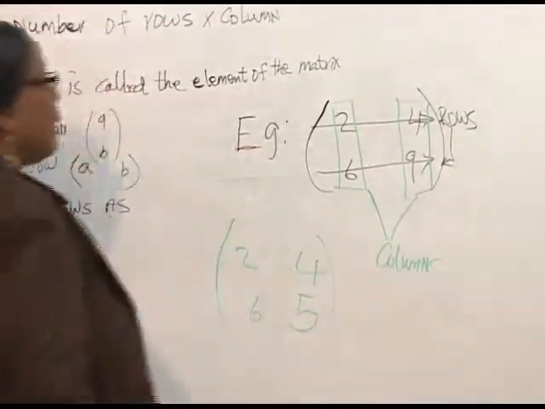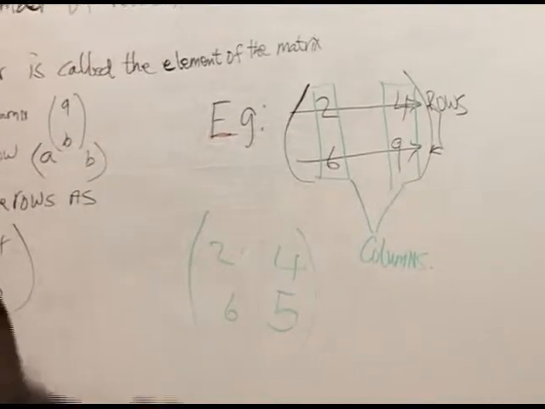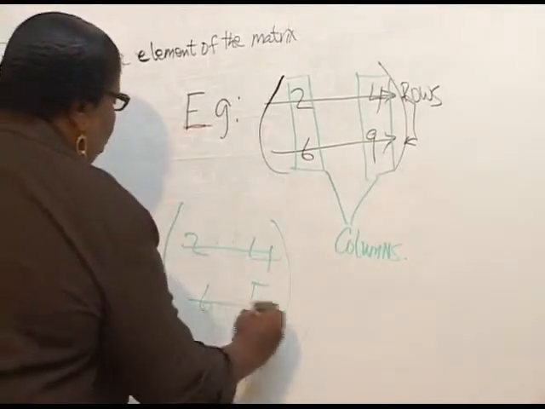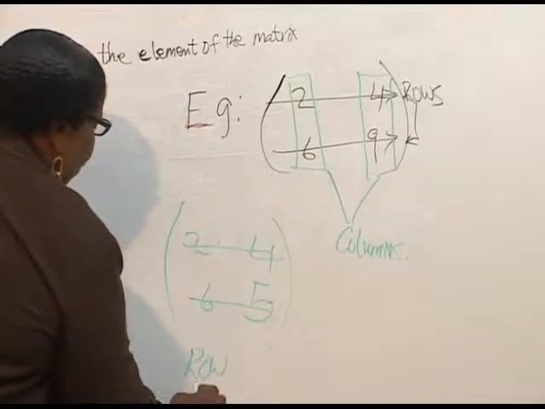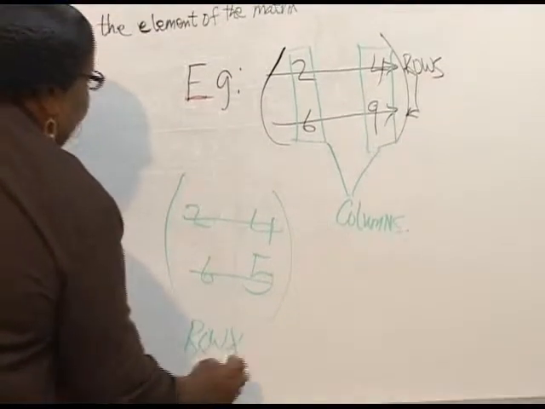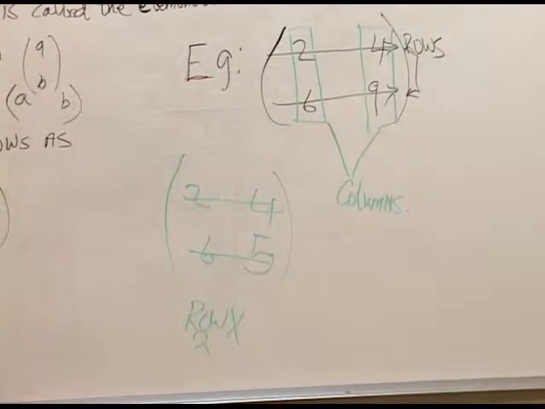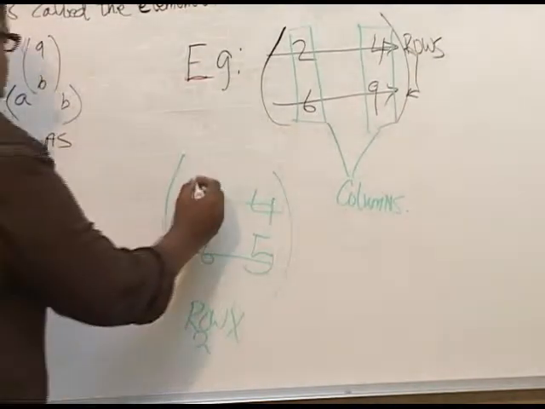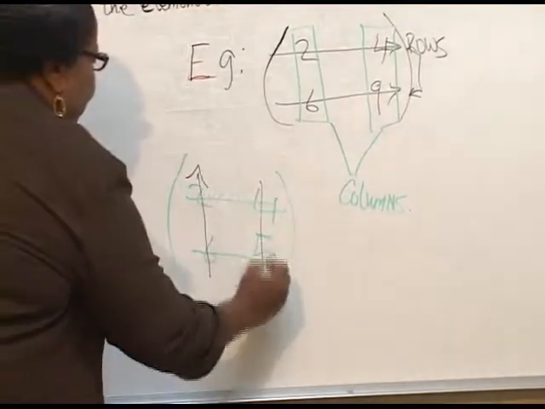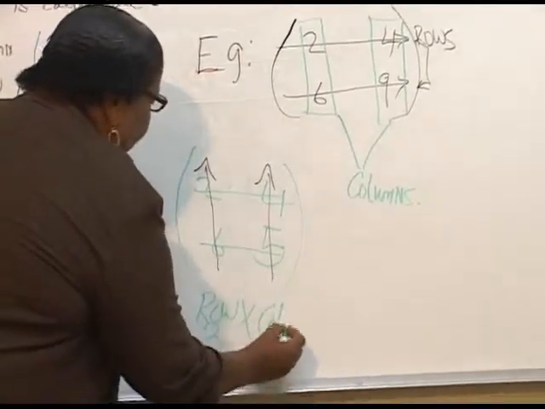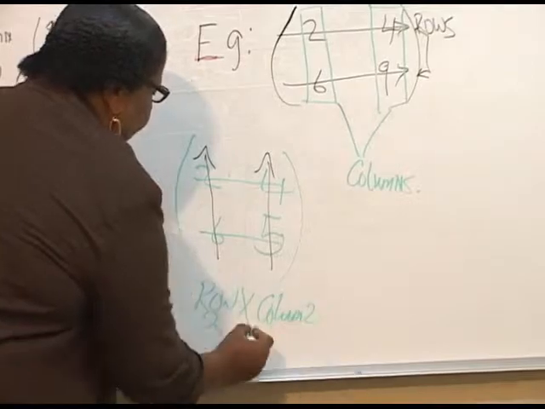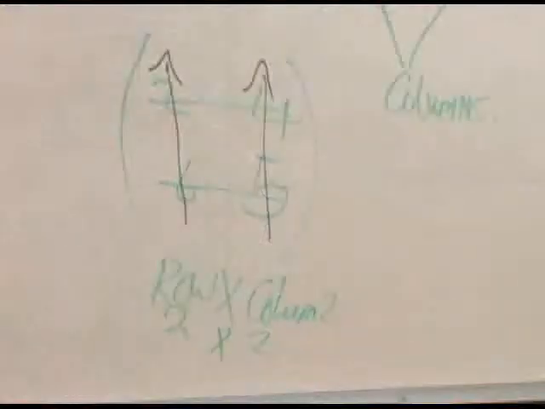This matrix has 2 rows, do we see that? So rows 2, and then times, how many columns do we have? Yes, 2 columns. It is called a 2x2 matrix.